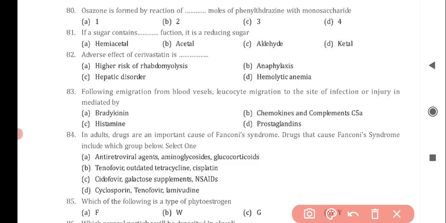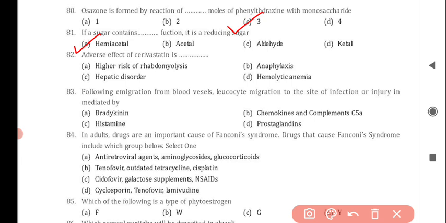Next question is: osazone is formed by the reaction of how many moles of phenylhydrazine with monosaccharide? And the correct answer is option C, 3. Next question is: if a sugar contains dash function, it is a reducing sugar. And the correct answer is option A, hemiacetal.